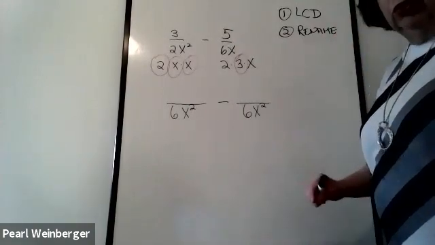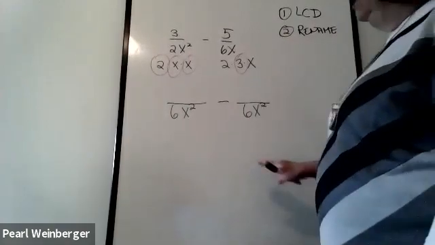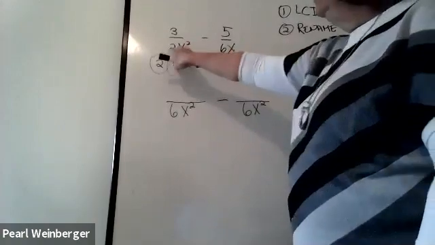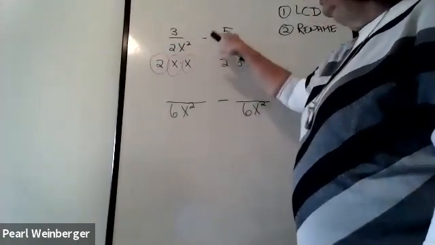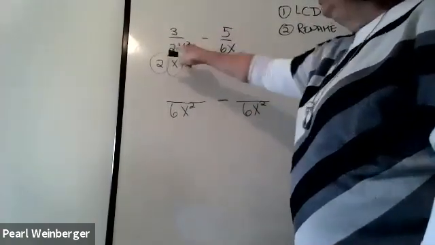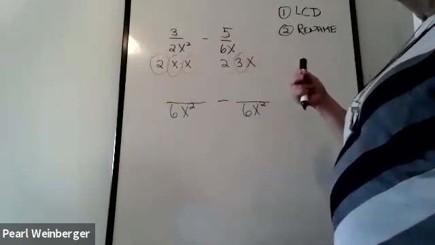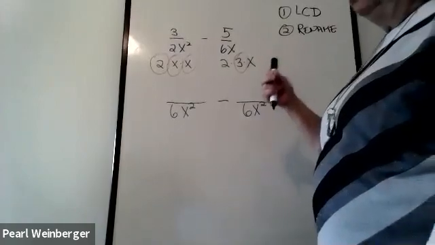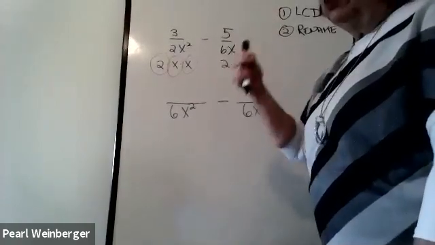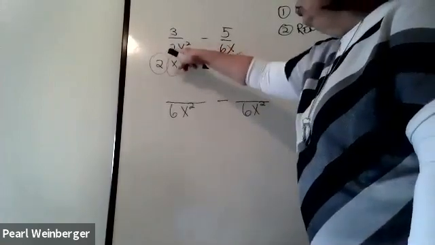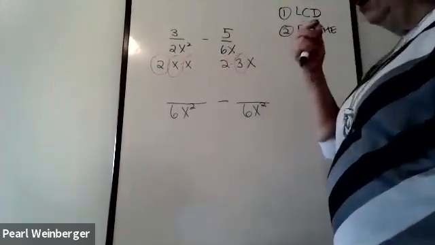Now, there is a shorter way we could have done this. When we're dealing with monomials, we can separately deal with the numbers and with the letters. In other words, the 2 and the 6, I say, what's the common denominator of 2 and 6? What number can be divided by both 2 and 6? Now, we're not looking for a factor.